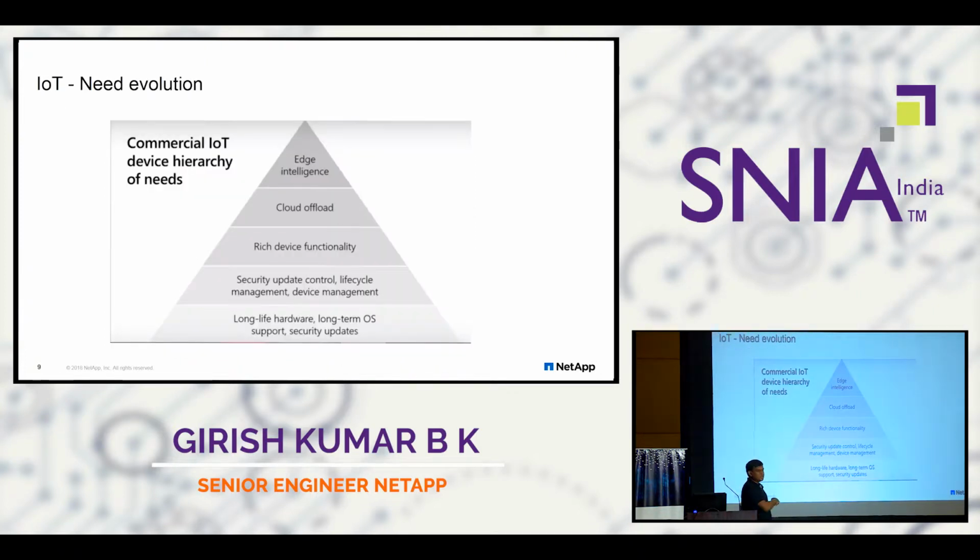So, to summarize all those things: I believe everybody knows Maslow's law for human needs. Just to summarize that in a way for IoT needs, it's long-life hardware, long-term OS support, and security updates. It's very quintessential, right?